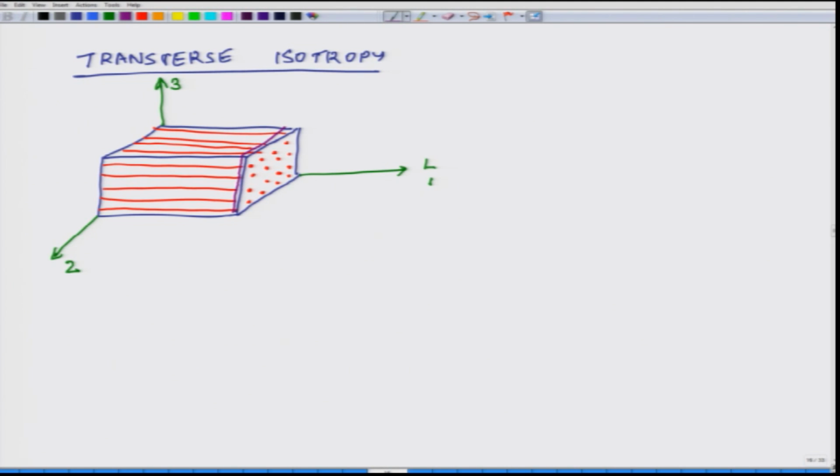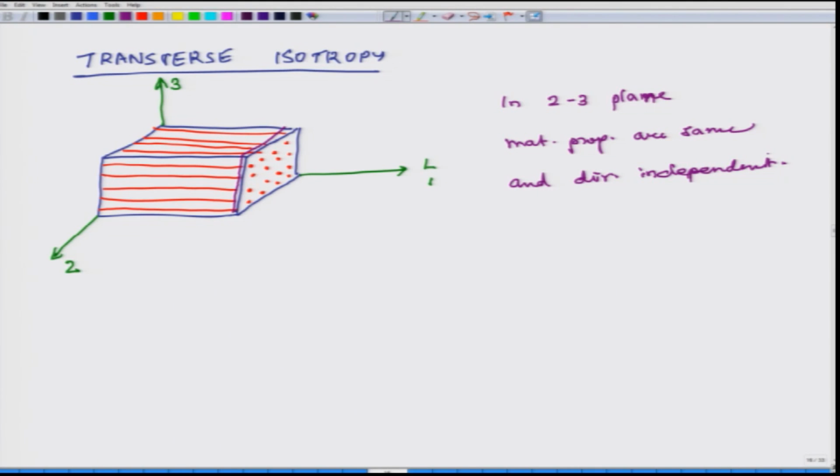I mean that is how, because the material is oriented like this, and because of that in the 2-3 plane, the material properties are same and direction independent, right.